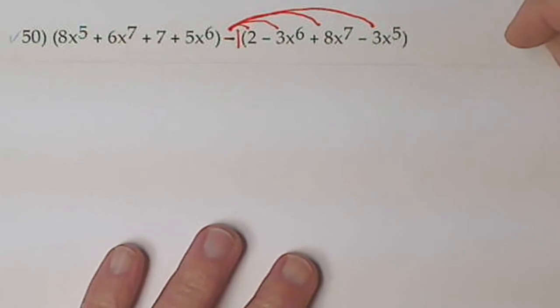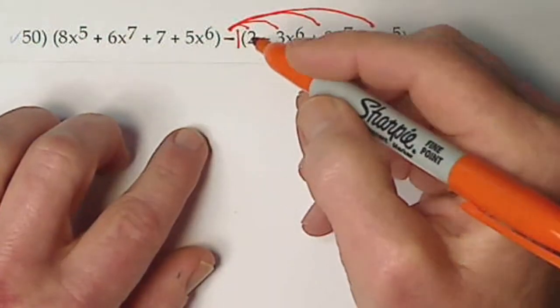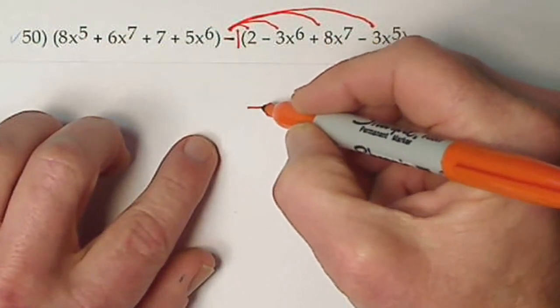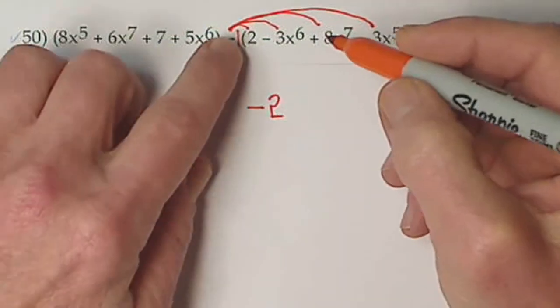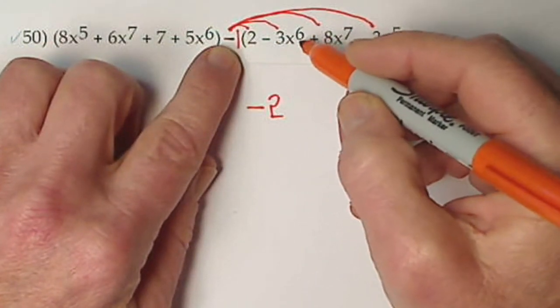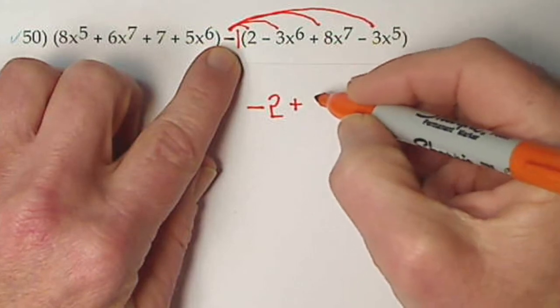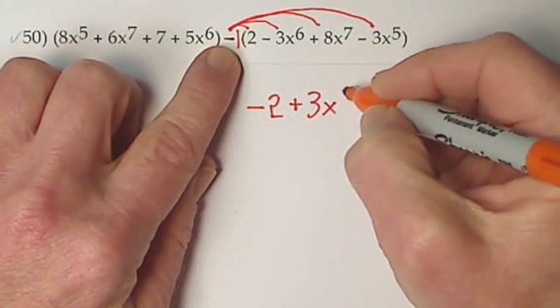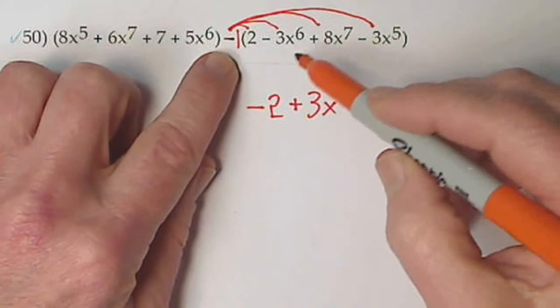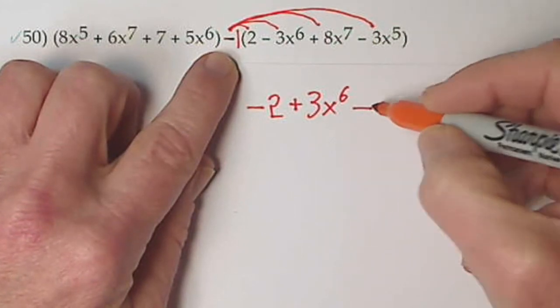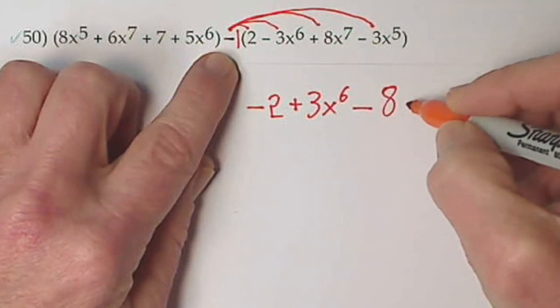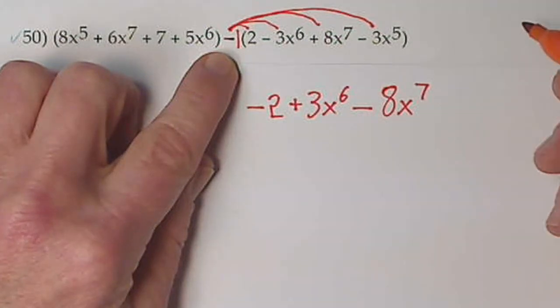So negative 1 times a positive 2 is negative 2. Negative 1 times negative 3x to the 6, positive 3x to the 6. Negative times positive is negative 8x to the 7th.